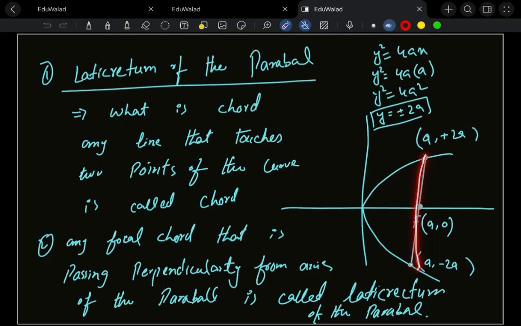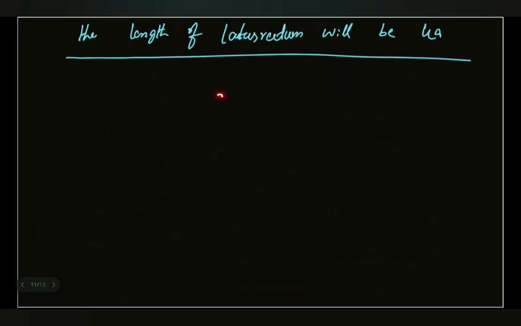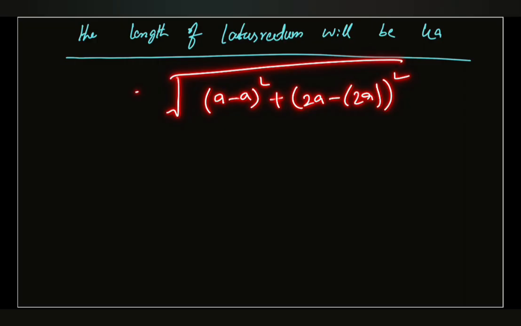if we take the distance, a minus a will be cancelled out. So just like here, square root of (a minus a) whole square plus (2a minus negative 2a) whole square. This is the length of the latus rectum.